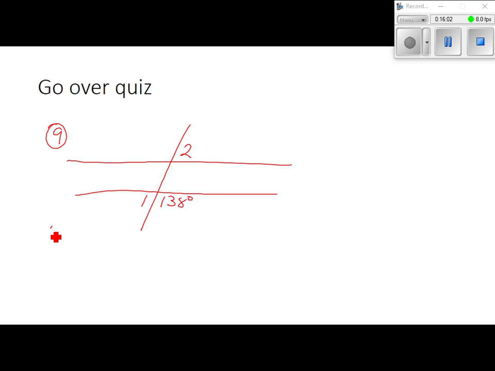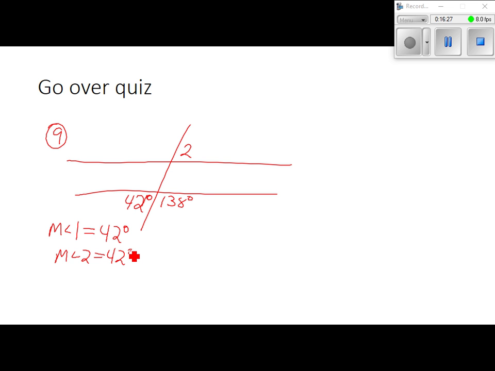How would we find the measure of angle 1? Subtract it from 180. What'd you get? 42. Everybody agree with that? Yep. If this angle's 42 degrees, what can you tell me about this angle and angle 2? 42 degrees because they're alternate exterior. So the measure of angle 2 should also be 42 degrees. Those are your two answers for number 9.